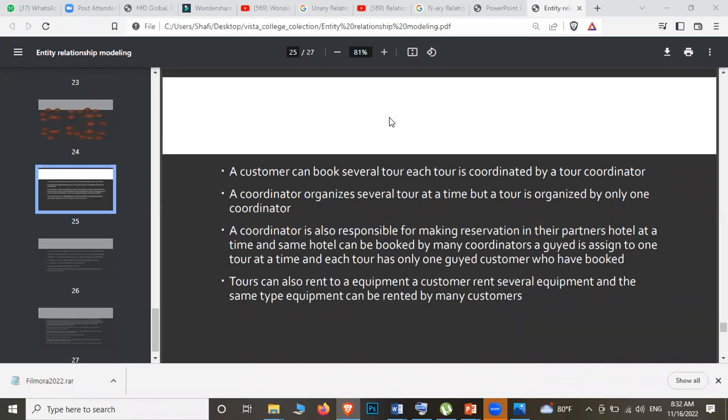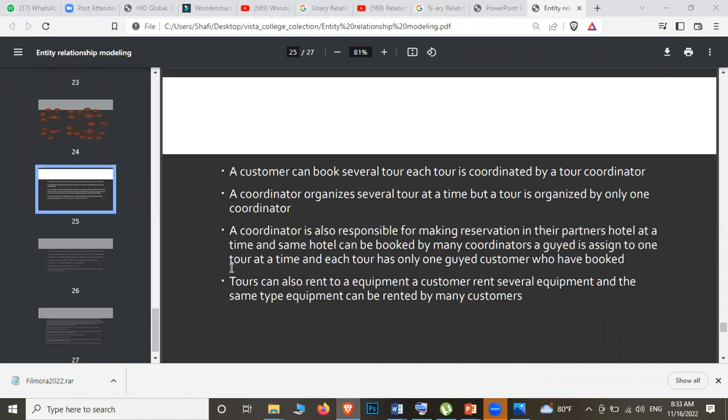There would be many tours, right? So all the tours can be booked in the same hotel as well. They have planned several tours, and many coordinators.